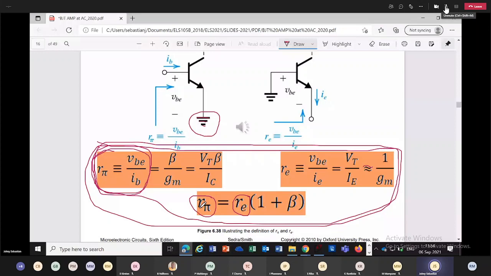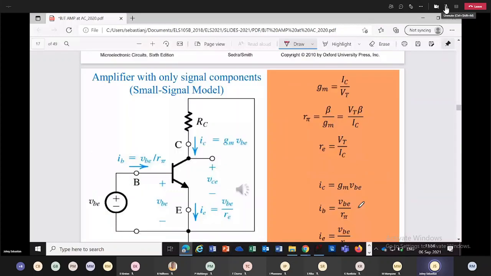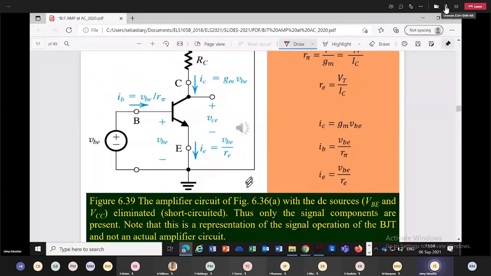Okay, here is everything that you need to remember. Amplifier with only signal components. This is the pure small signal model. See, collector is connected directly to the emitter. There is no VCC. Between base and emitter, there is a VBE.